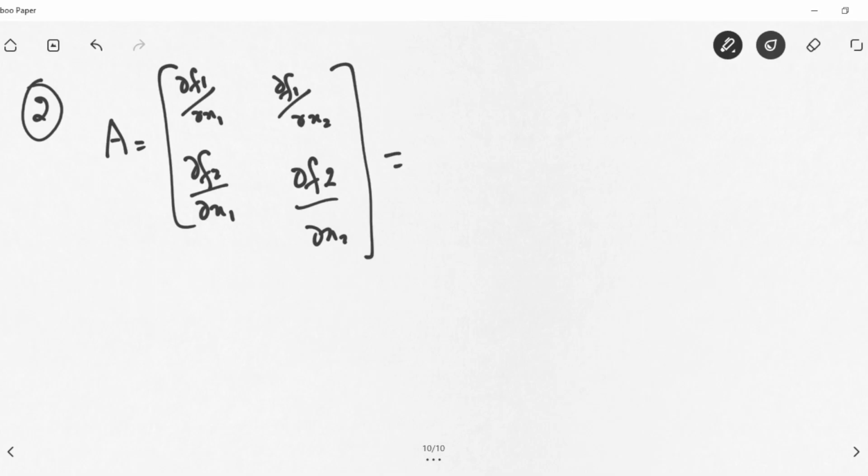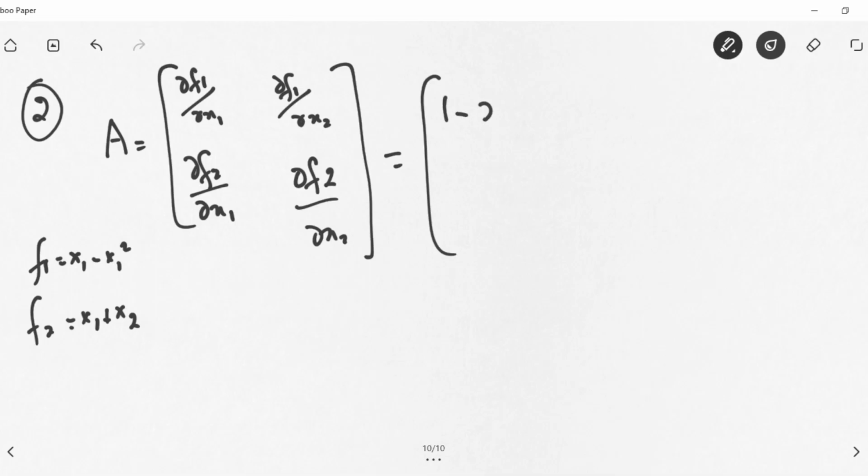So f1 is x1 minus x1 square, f2 is x1 plus x2. Differentiating f1 with respect to x1, it comes out to be 1 minus 2x1. With respect to x2, it is 0. With respect to x1, it is 1. With respect to x2, it is 1.